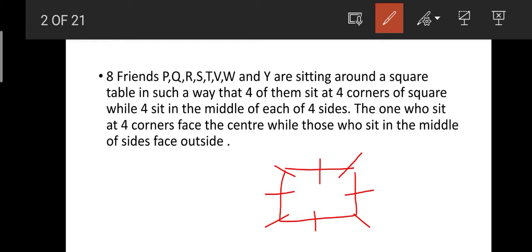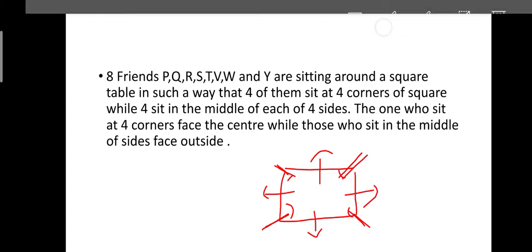The ones who sit at the 4 corners face the center, while those who sit in the middle of the sides face outside. This is the basic layout of the seating arrangement they have given us.